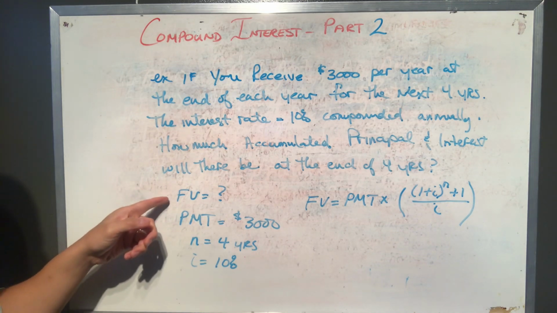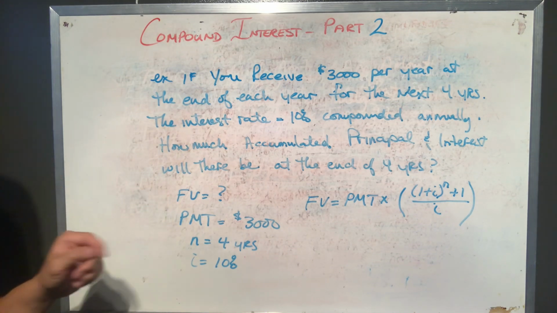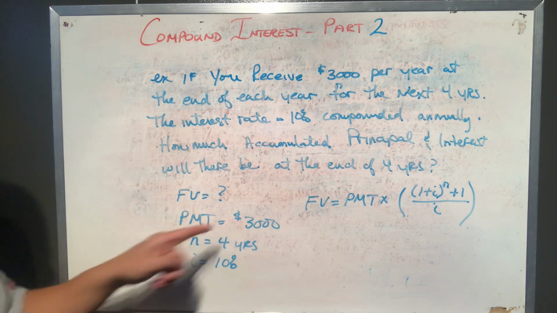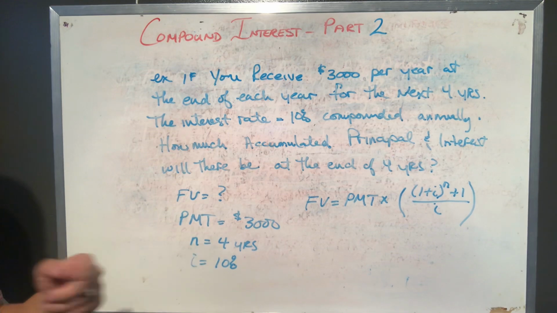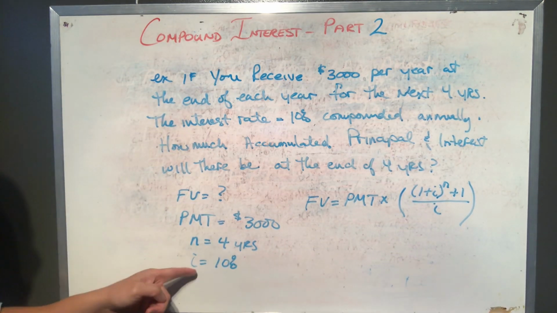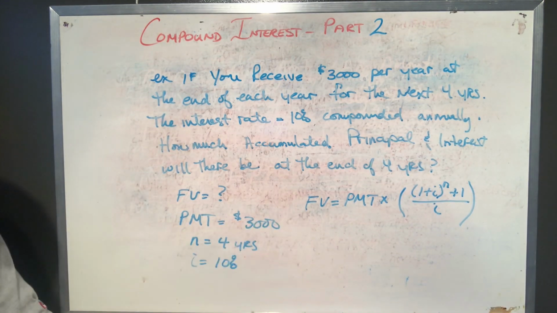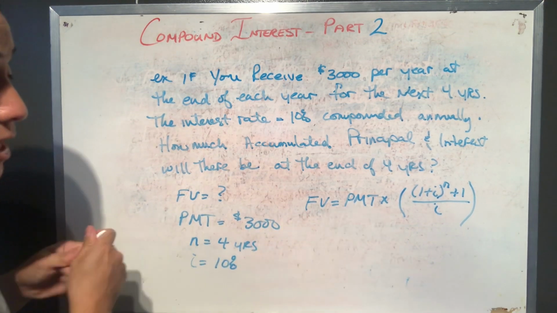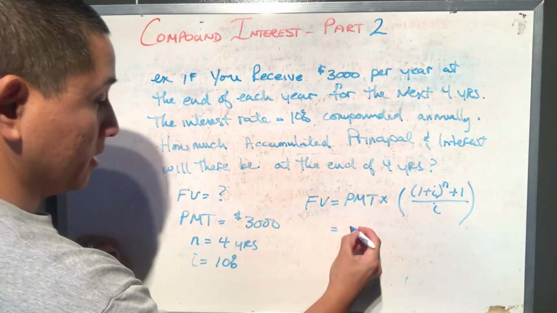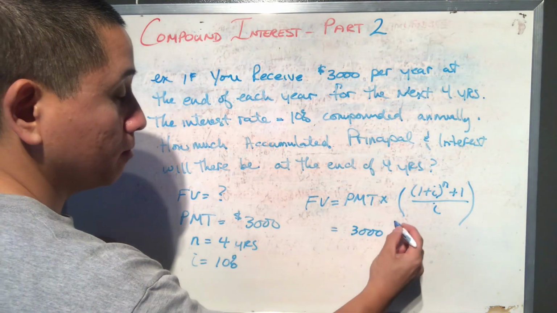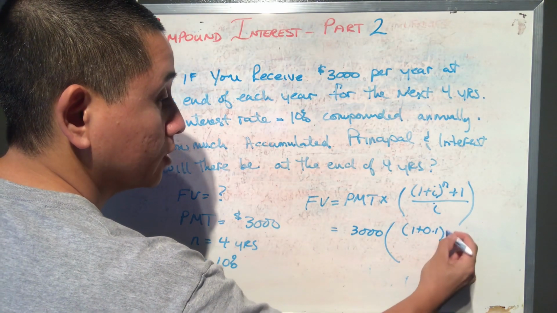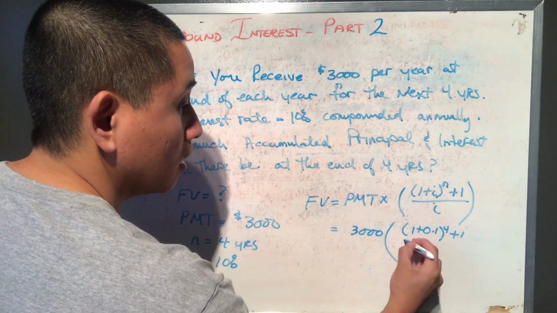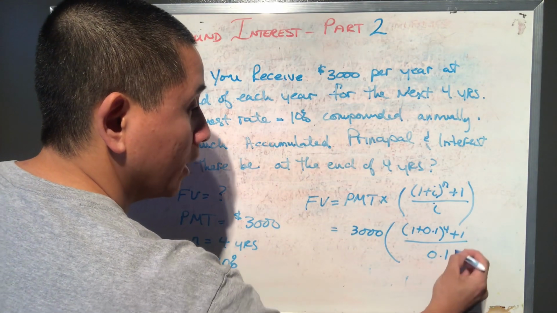So if we calculate the future value of this, we know that the payment is $3,000, and N is the compounding period, which is 4 years because it's compounded annually. I is 10%. If we were to apply the formula, payments would be $3,000 multiplied by (1 plus 0.1 to the 4, minus 1) all over 0.1.